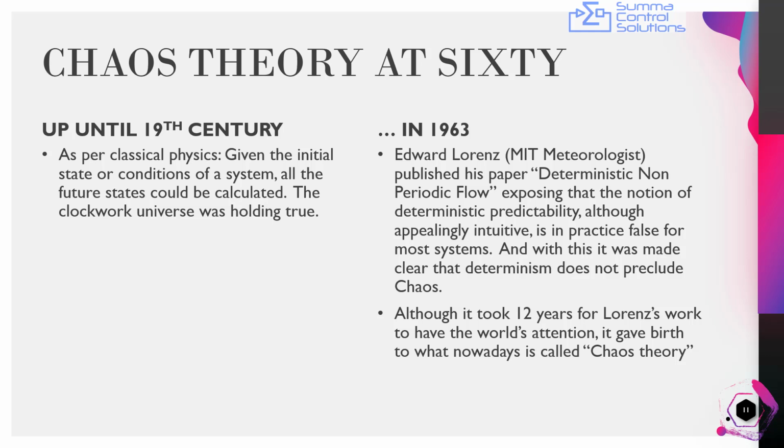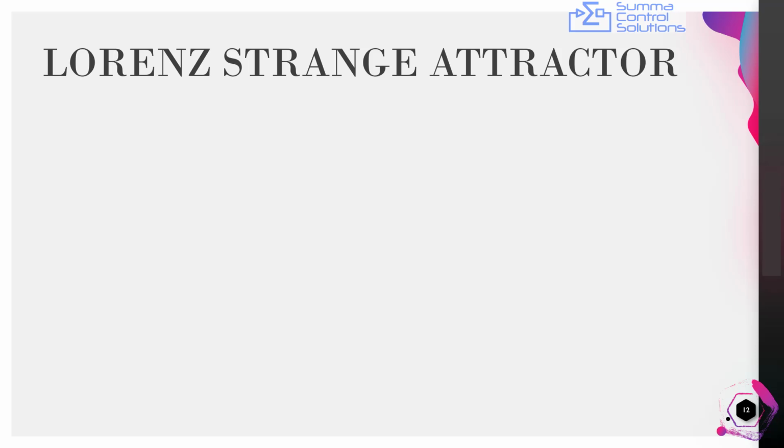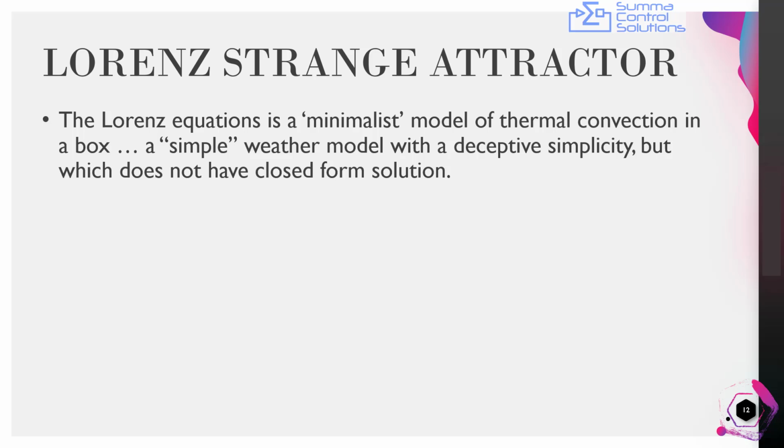Although it took 12 years for Lorenz's work to be noticed, it gave birth to what is known nowadays as chaos theory, which, by the way, has nothing to do with disorder. What Lorenz found from his simulation, he called a strange attractor. His model of equations is a minimalist model of thermal convection in a box.